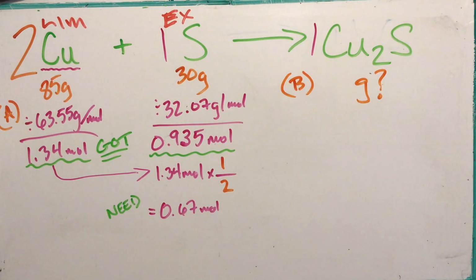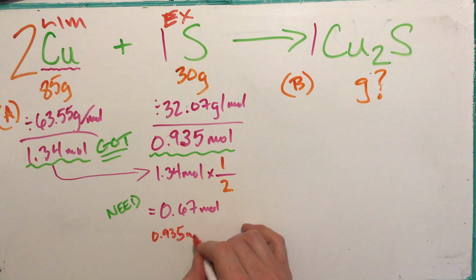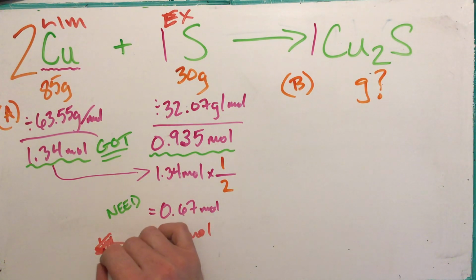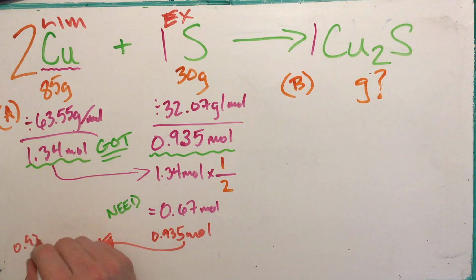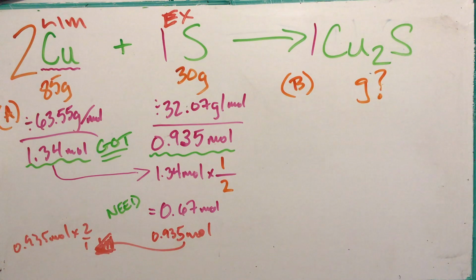Again, if I do it the other way really, really quick, 0.935 moles, and I take it over, ooh, bad arrowhead, not very good at all, 0.935 moles times 2/1, and I do that one out, I end up with 1.87 moles.